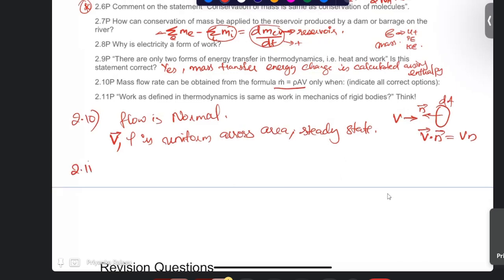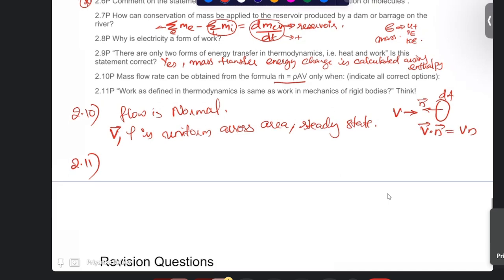Now the next one: work as defined in thermodynamics is the same as work in mechanics of rigid body. Think. Yes, work is everywhere. It is defined as force acting through displacement, right? But in thermodynamics, we include all kinds of fields.